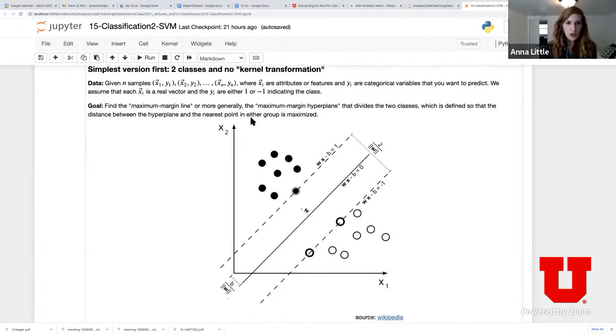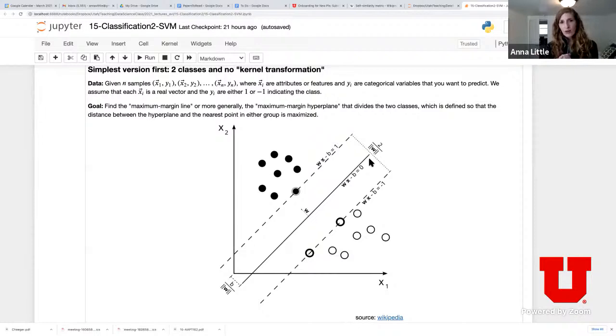The idea behind support vector machines is to find a line which separates the two classes. Here in the picture, you can think of the black points as having label 1 and the white points as having label -1. We want to find a line that separates the classes. And what do we want to be true about this line?